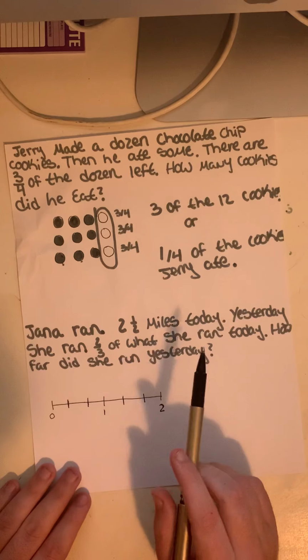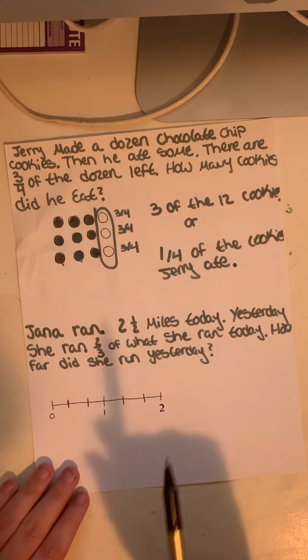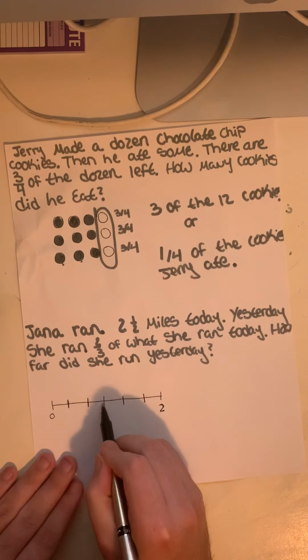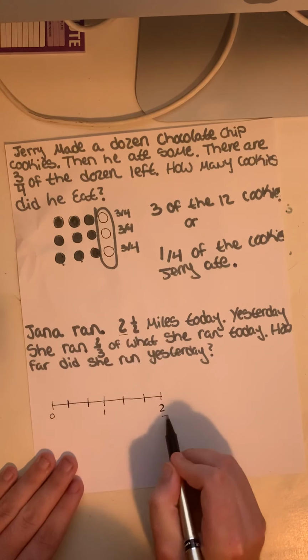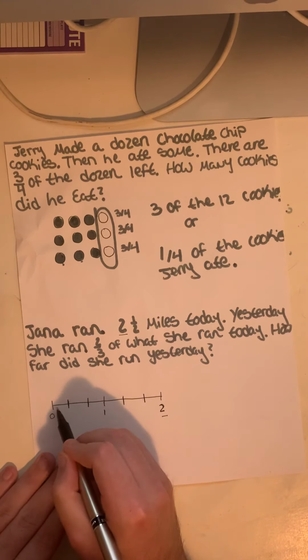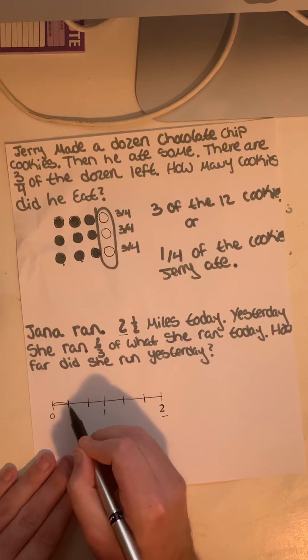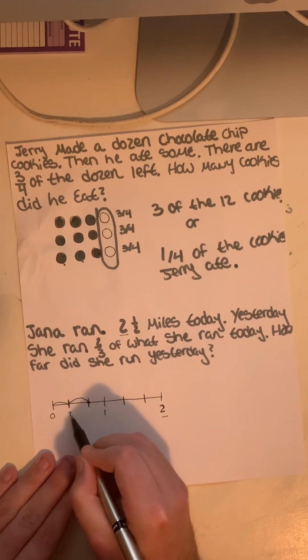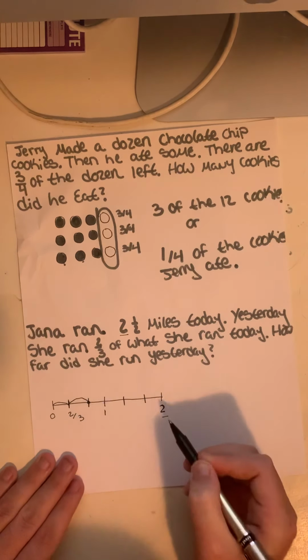So she ran 2/3 of what she ran today. So for the first one, 0 to 1, for our whole number, she ran 2/3. So 1, 2. So there's 2 out of 3 for the first one.